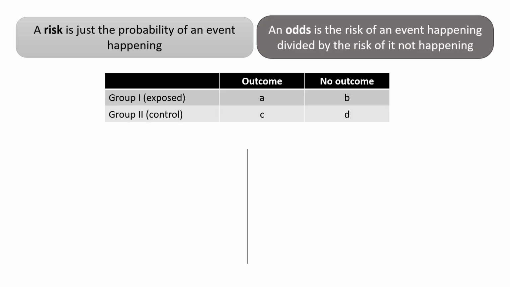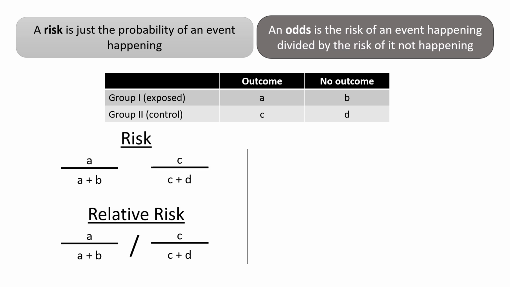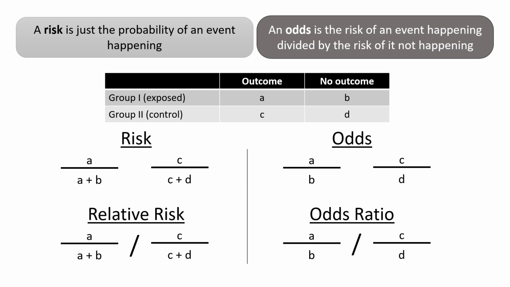So if we have 2 groups, 1 and 2, and the outcome either happens or not happening, the risk will be the product of dividing the number of patients with the outcome divided by the total number of patients in the group of interest. Odds, on the other hand, is the product of the division of the number of patients with divided by the number of patients without the outcome of interest.